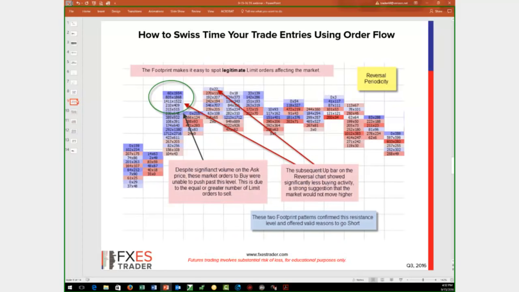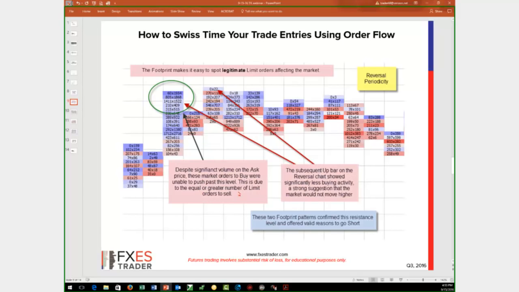So the footprint also makes it easy to spot big chunks or pockets of limit orders affecting the market either above or below. So despite significant volume coming into a move up here on the ask price, the market orders were unable to push past this level.